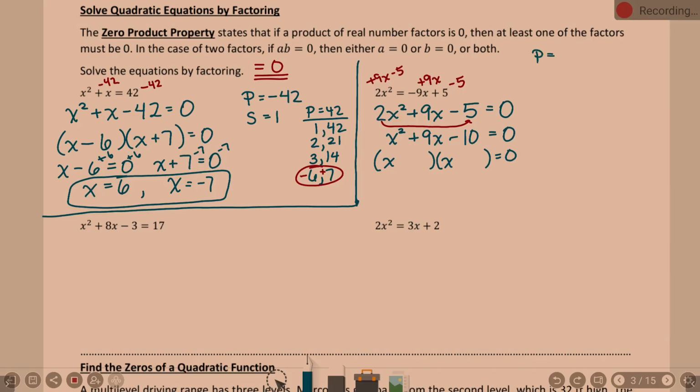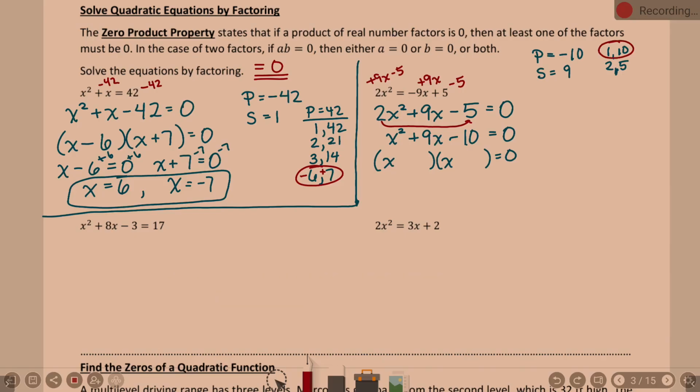A product of negative 10 and a sum of 9. What numbers give me a product of 10? 1 and 10 or 2 and 5? Which pair works here? 1 and 10 is the pair that's going to have to work.